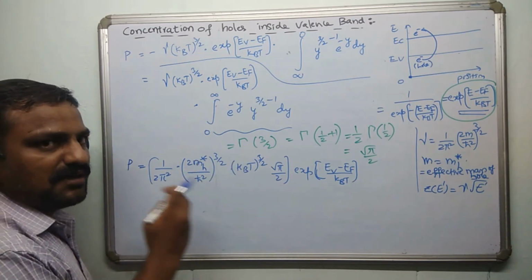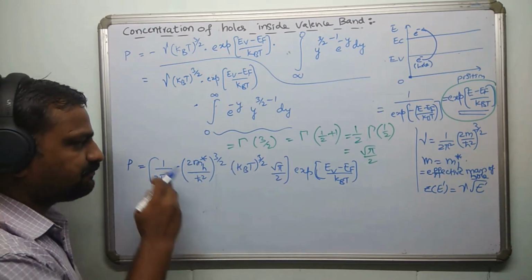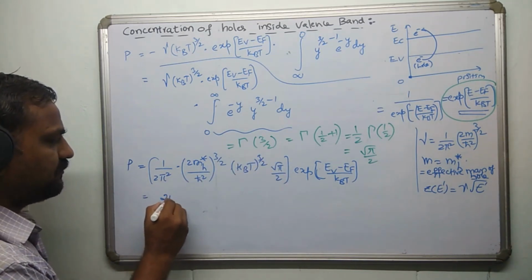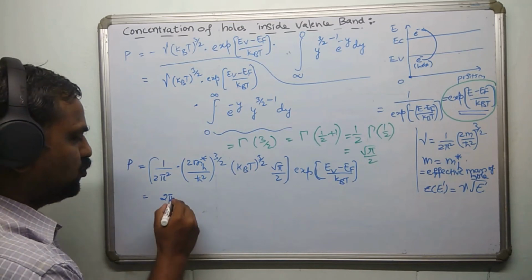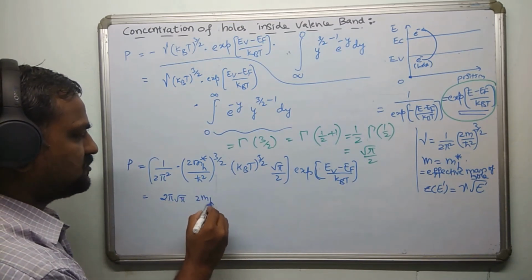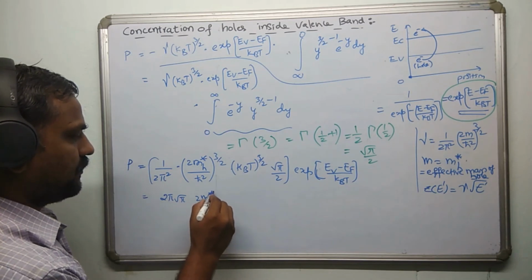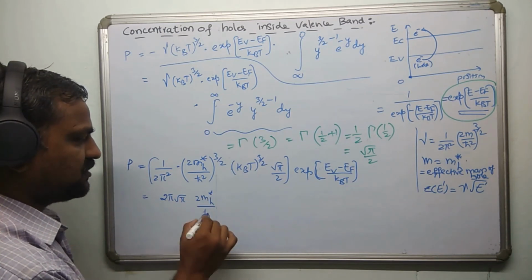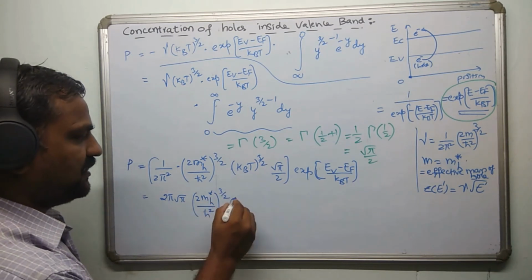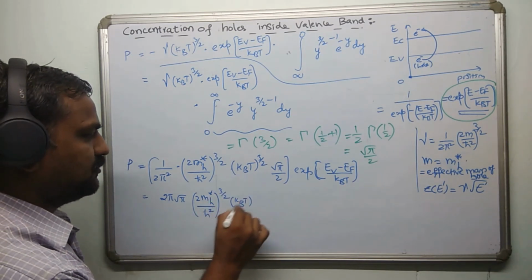So 8 pi divided by 4, which is just 2 pi. So after cancelling all the terms, it is going to be 2 pi, and there is a root pi here, 2 pi root pi into 2 m h star by h square. There is no h cross square, h square whole power 3 by 2, and this kBT also is having 3 by 2.